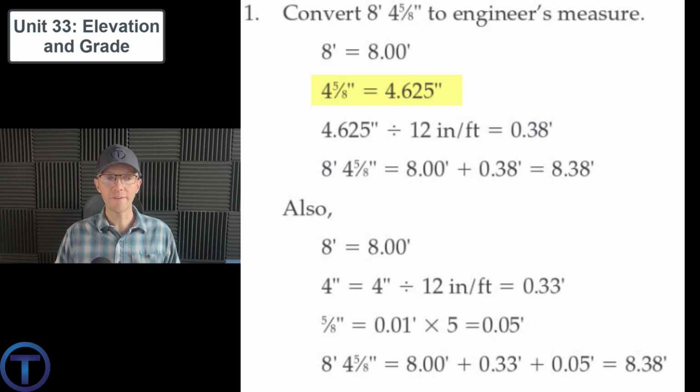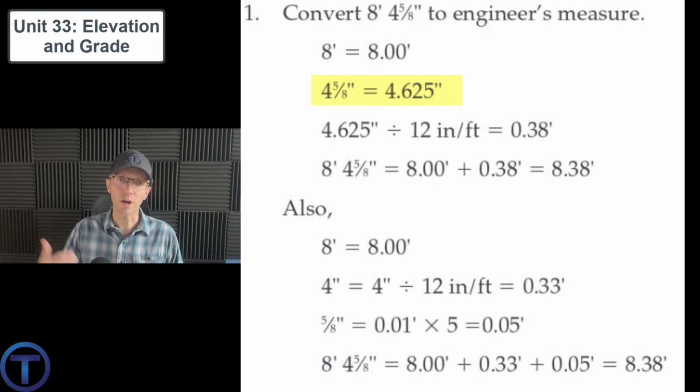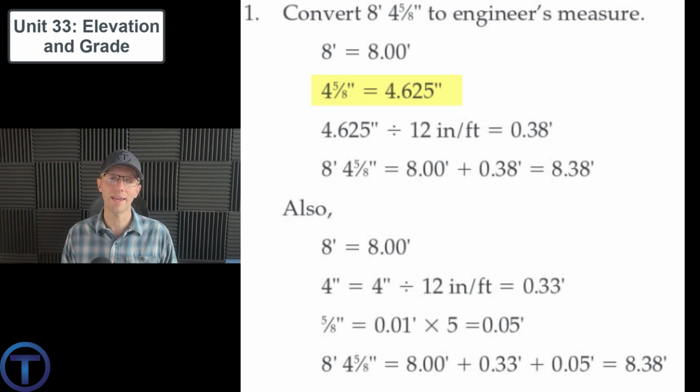This is how we're going to go about that. If I take 4 5/8, I need to convert that first into a decimal form. It's still going to be in inches, but I just need to get that fraction over into a decimal. How do you turn a fraction into a decimal? A fraction is a division problem. You have 5 over 8, or 5 divided by 8.